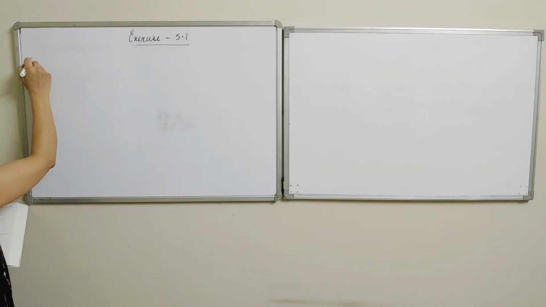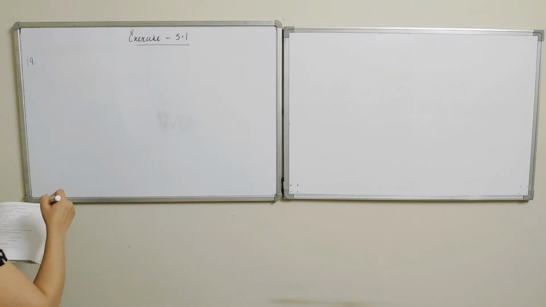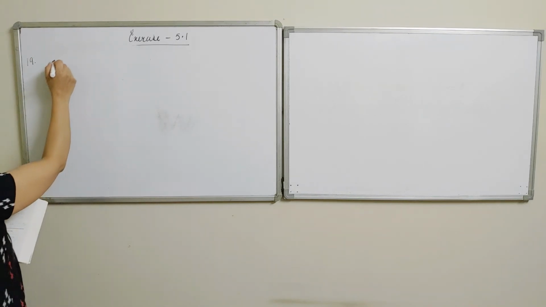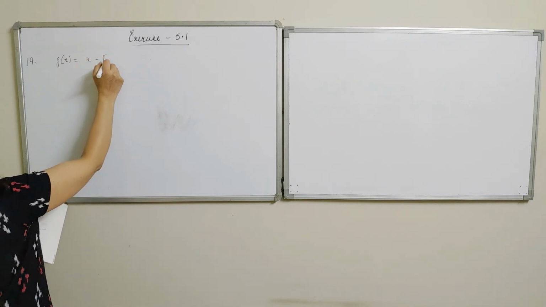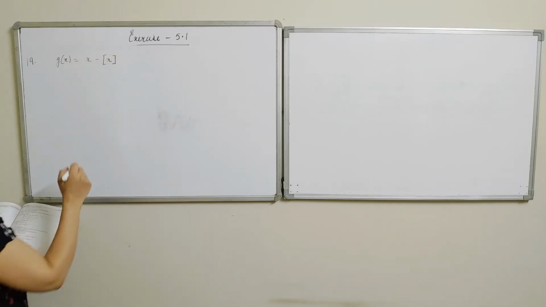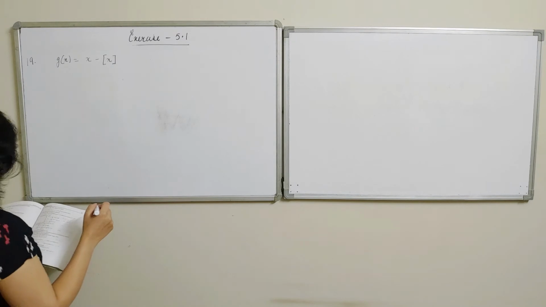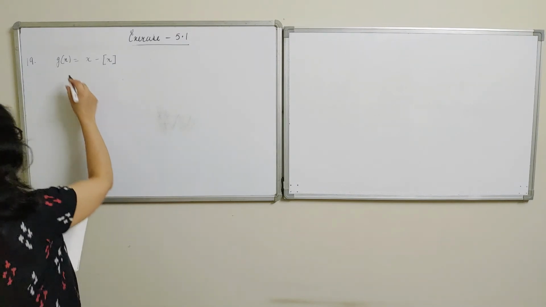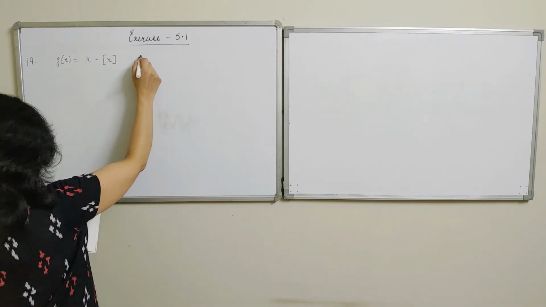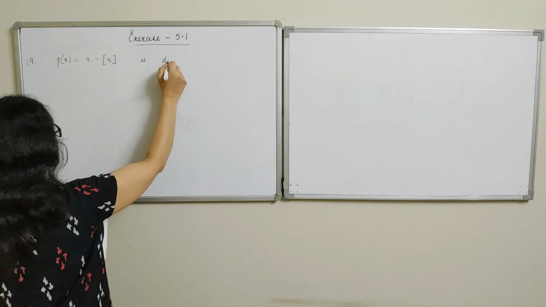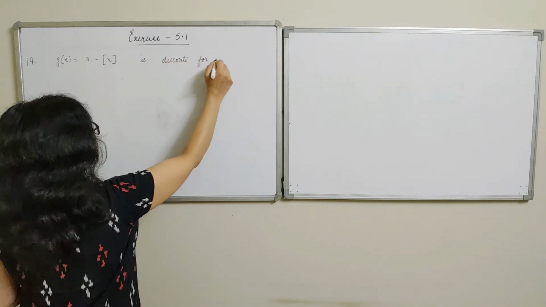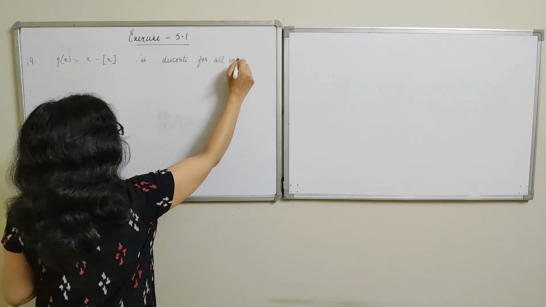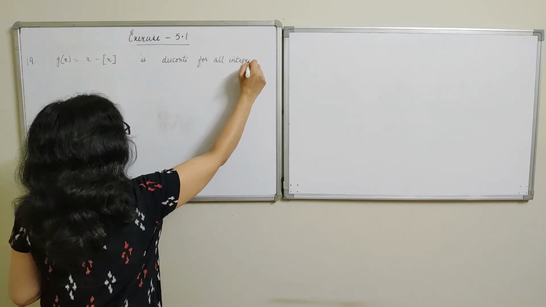So next we will discuss the 19th question. The function is defined as g(x), which is equal to x minus the greatest integer function of x, and here we have to show that this is discontinuous for all integral values.